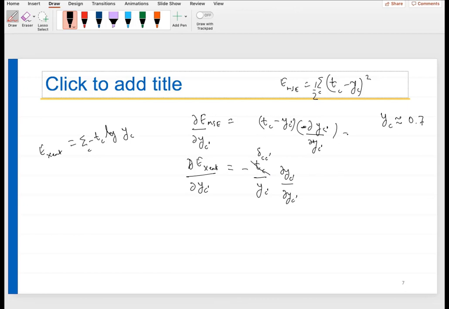This is equal to minus 0.3, right? And what is it in this case? Minus 1 by 0.7, which is equal to minus 10 by 7, which is 1.4, I'm sorry. 1.4.